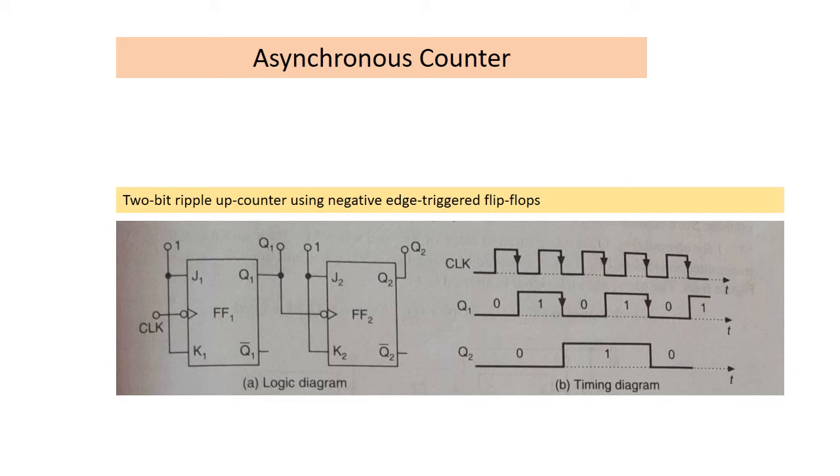Therefore, Q1 goes from low to high at the negative edge. This becomes a positive going signal at the clock input of FF2. So, FF2 is not affected and hence the state of the counter after one clock pulse is Q1 equal to 1 and Q2 equal to 0.